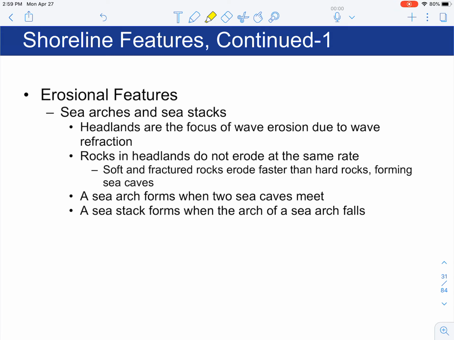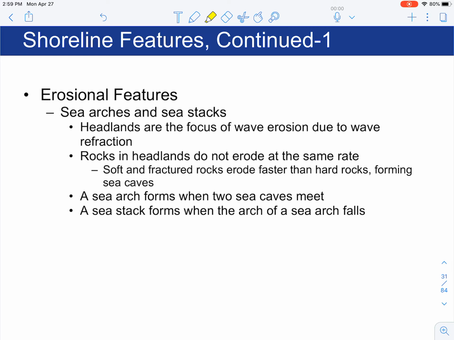These are typically in areas that have active plate margins, like the northwestern United States. In Oregon and Washington, you see a lot of these erosional features where you have cliffs that are a little bit more resilient to erosion.